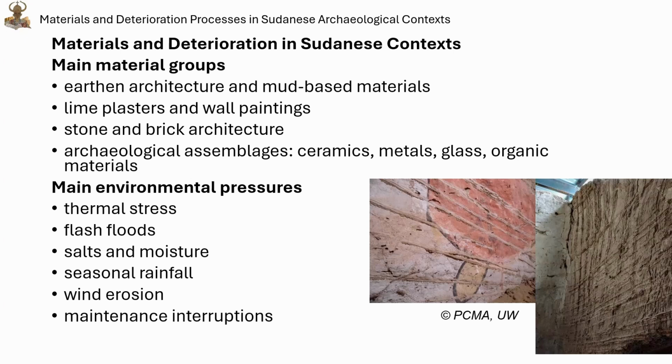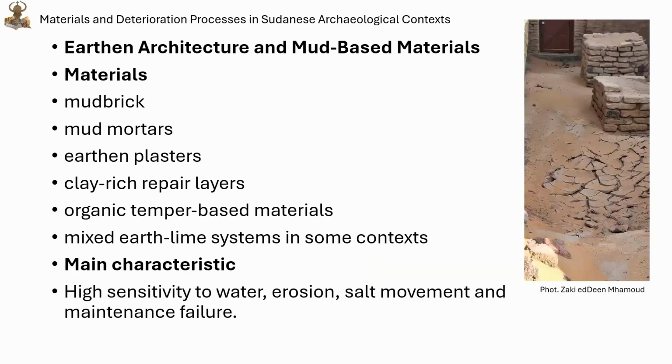Across all these categories, several pressures recur: salts, wind, rain, thermal stress, biological activity, and the lack of continuous maintenance. Earthen architecture is one of the most important material categories. It includes mud brick, mud mortars, earthen plasters, and materials containing organic tempers such as straw or turf.